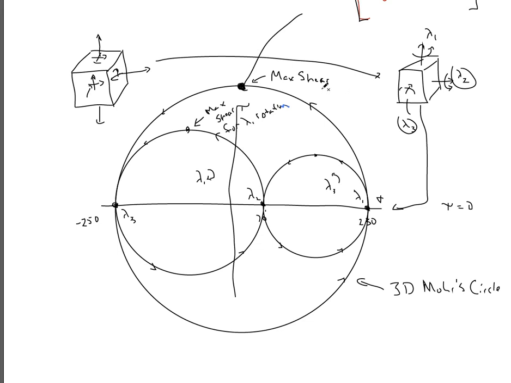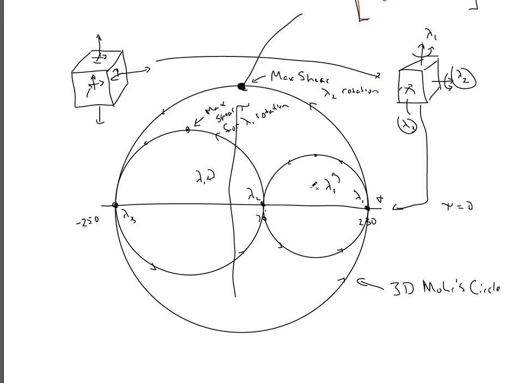This is max shear for lambda 2 rotation and max shear for lambda 3 rotation. All right, so clearly this can tell you a lot of different interesting things about our internal stresses. Right, real quick, some elements to tie everything together.